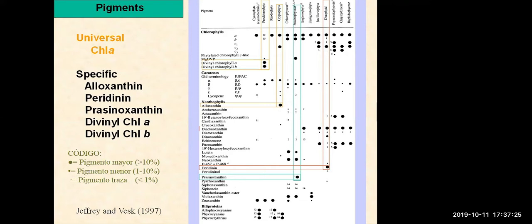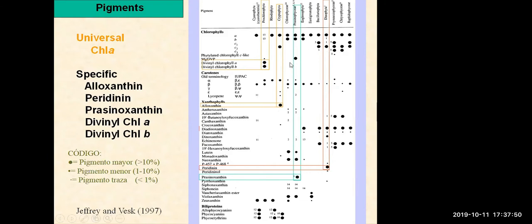For example, divinyl chlorophyll A and divinyl chlorophyll B are specific for Prochlorophytes or Prochlorococcus. Alloxanthin is specific for cryptophytes. Peridinin is specific for some dinoflagellates, and prasinoxanthin is specific for prasinophytes.